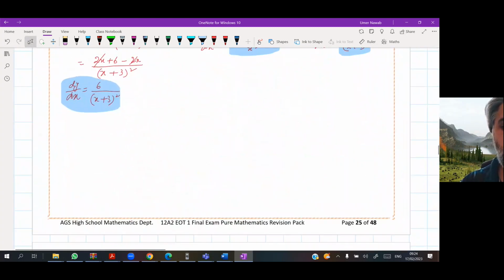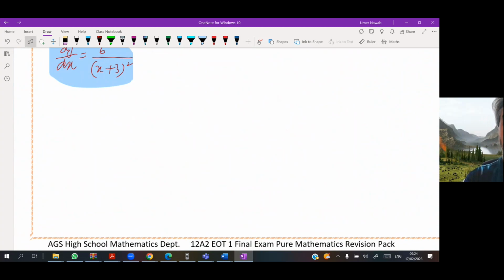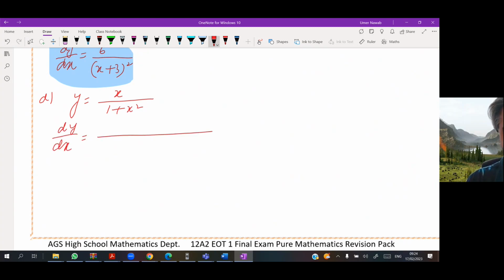Guys, now I'm going to go to the E part. No, A, B, C, now D part. The D part is y equals x over 1 plus x squared. So dy by dx: denominator under the square, then again denominator, derivative of x is 1, minus x, derivative of 1 plus x squared is 2x.